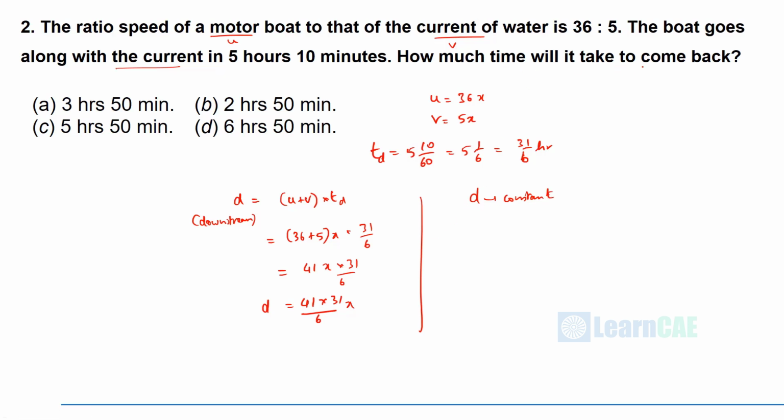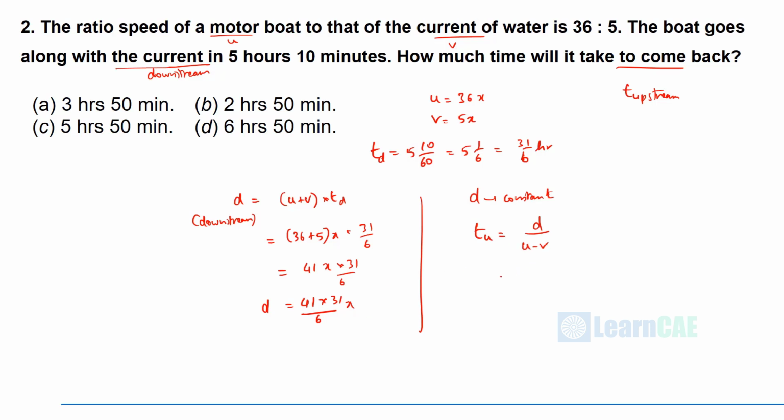They are asking how much time will it take to come back. It means time taken in the upstream. The first one is going along the current, that is downstream. The second one is coming back, that is in upstream. Time taken upstream is equal to the distance travelled divided by the upstream velocity, that is u minus v.